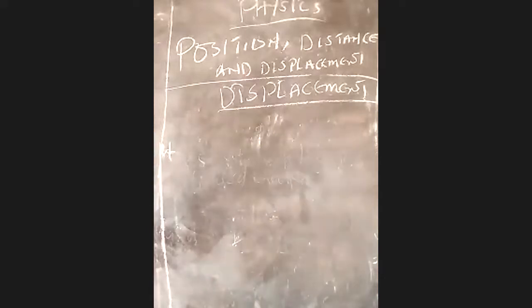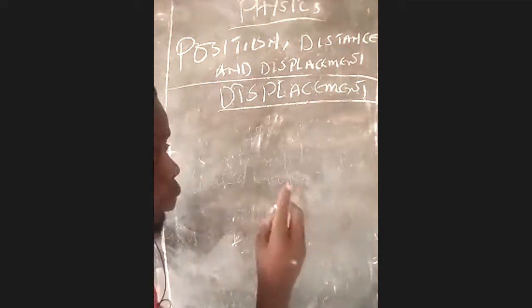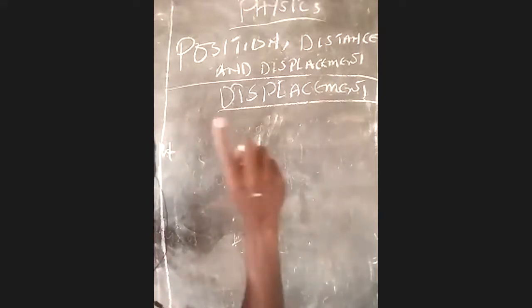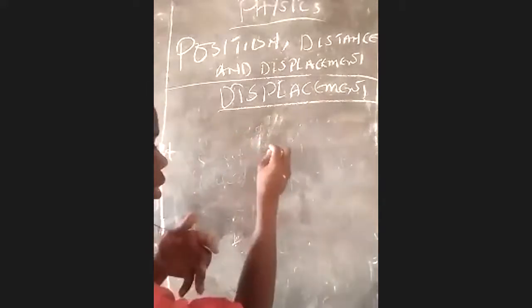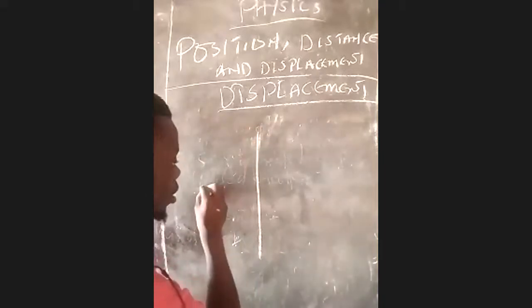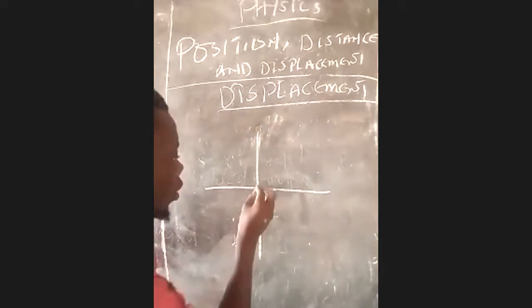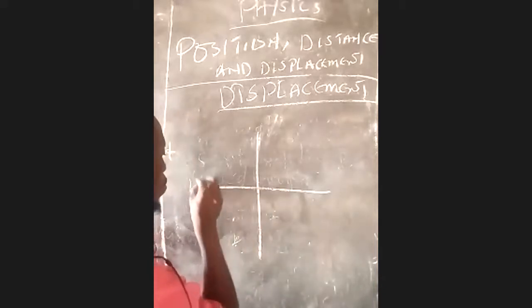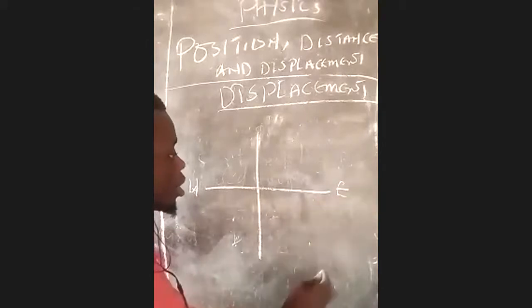Do not forget that displacement is a distance traveled by an object in a specified direction. So the difference between displacement and distance is explained in these cardinal points. So this is west, east.